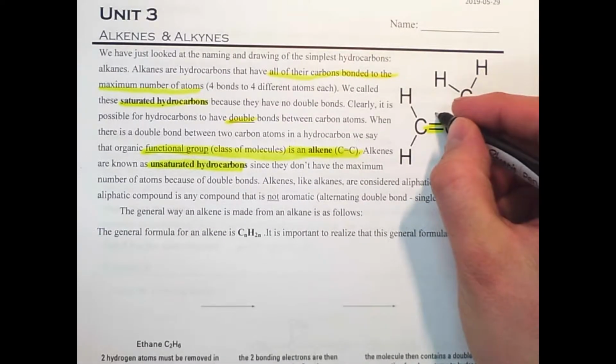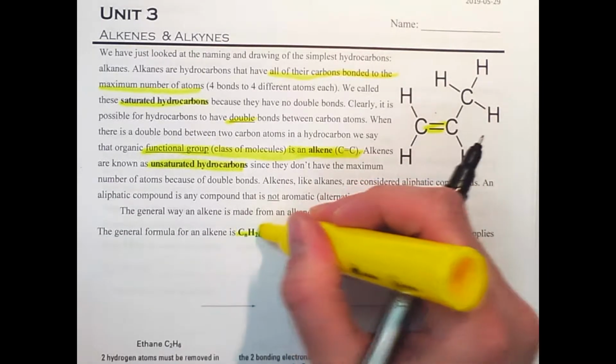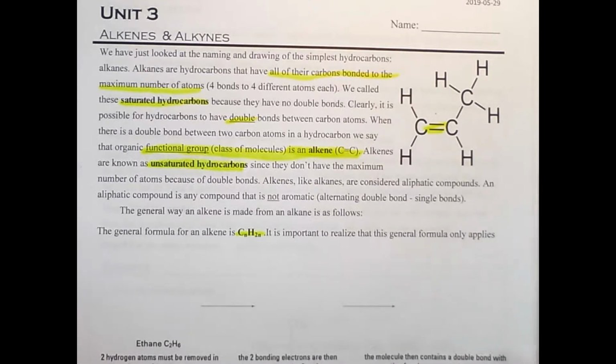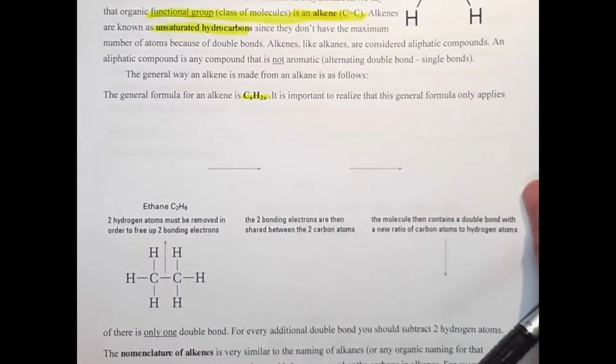Things can be added to the double bond, opening it up, whereas alkanes don't have any double bonds, so are generally very, very unreactive. Alkenes have a general formula of CnH2n, which is comparable to our alkane formula. And the process of an alkane turning into an alkene is more or less straightforward.